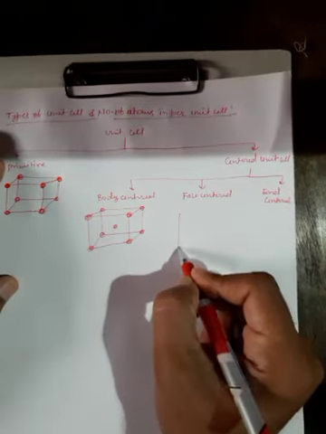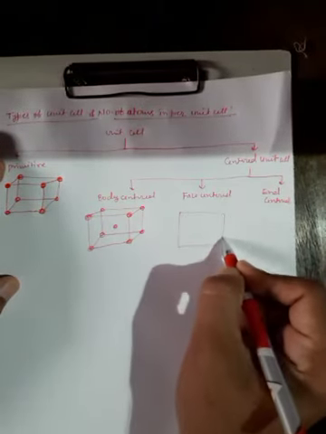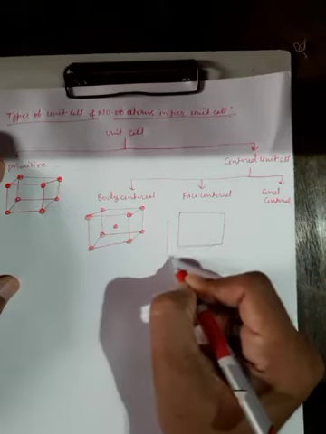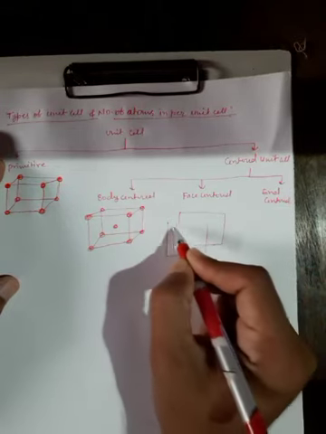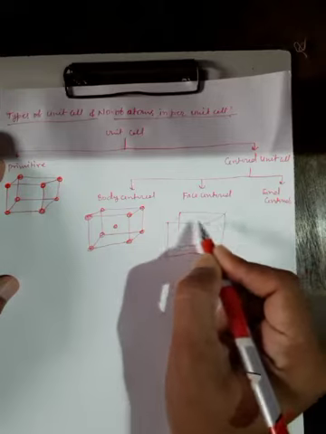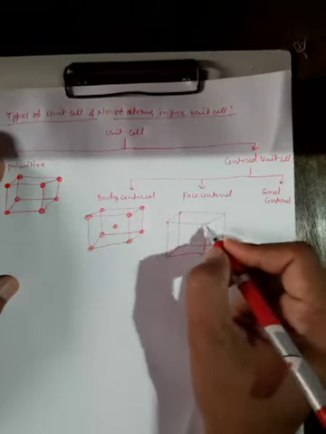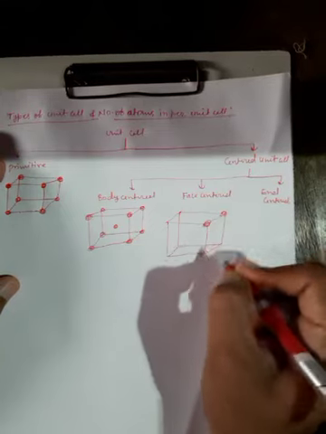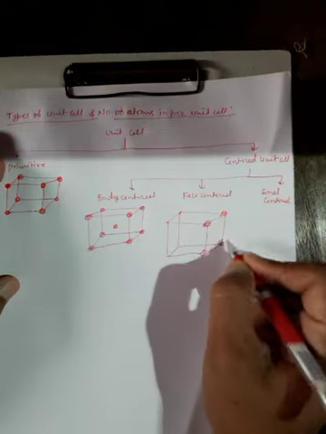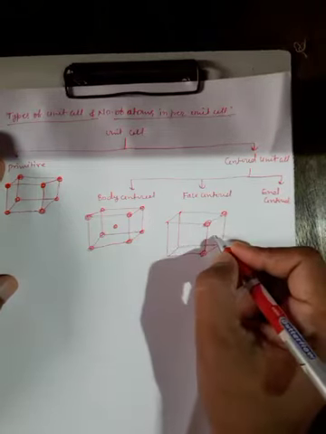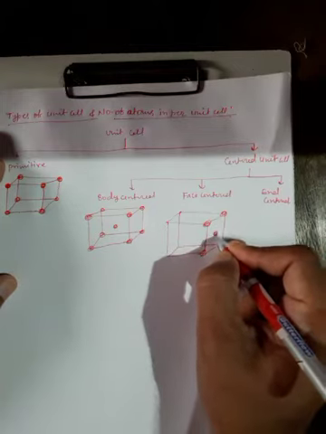In the face centered unit cell, constituent particles are present at each corner of the unit cell as well as at the center of each face of the unit cell. For example, take a particular face of the unit cell. At the center of the face, particles are also present.